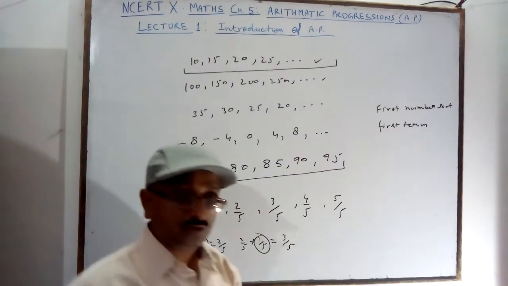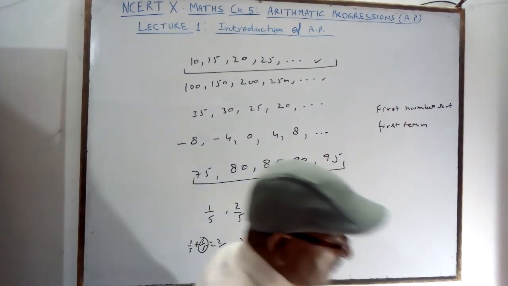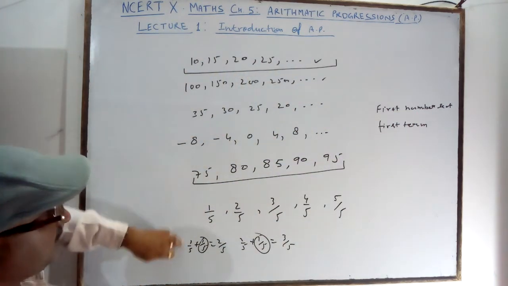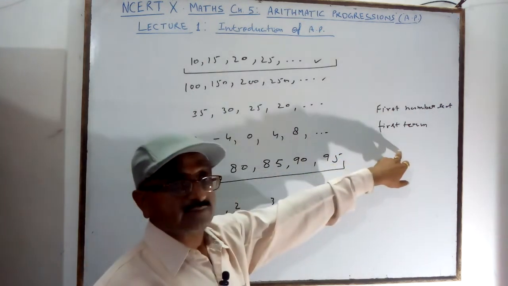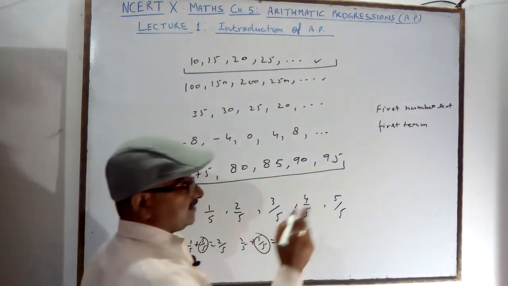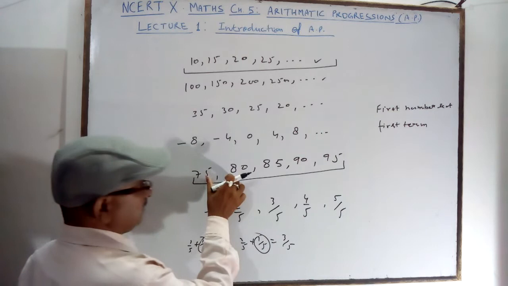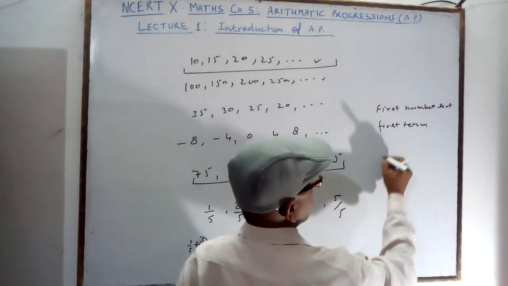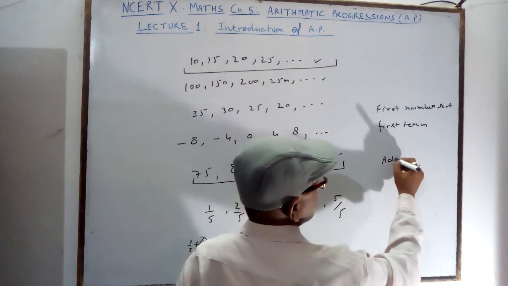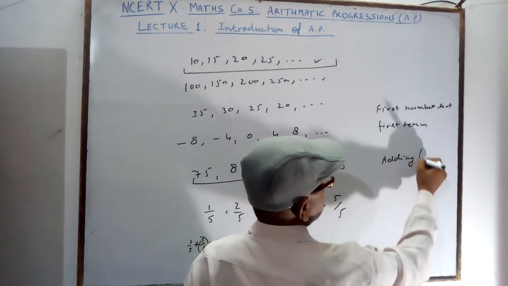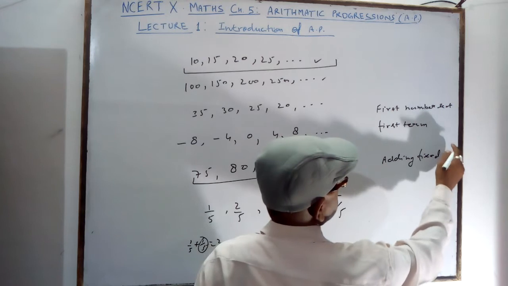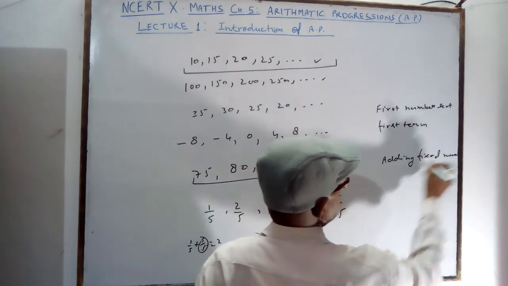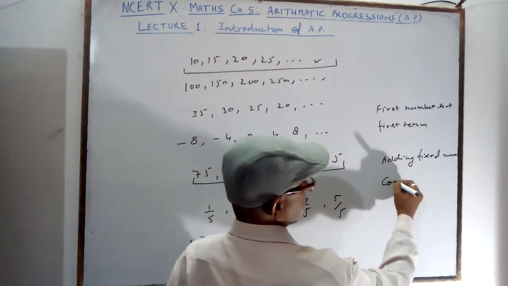That is the definition given in the book, and you can write it down. In this series, what is given at the first place is called the first term. The fixed number you are adding, the difference between two numbers, is called the common difference.